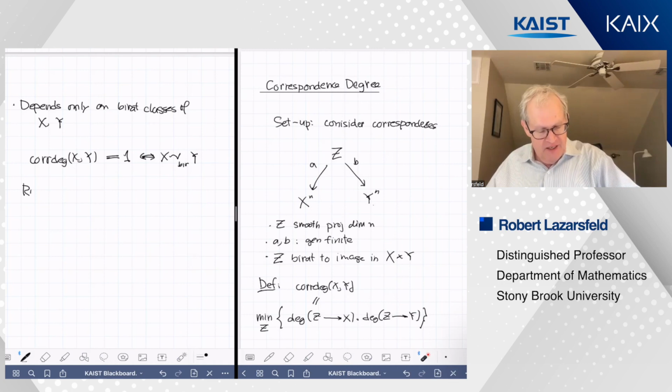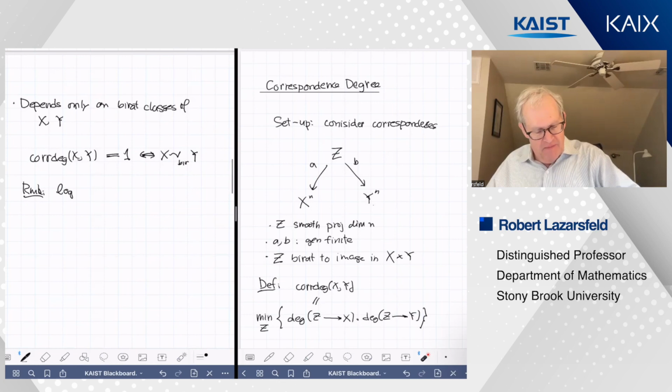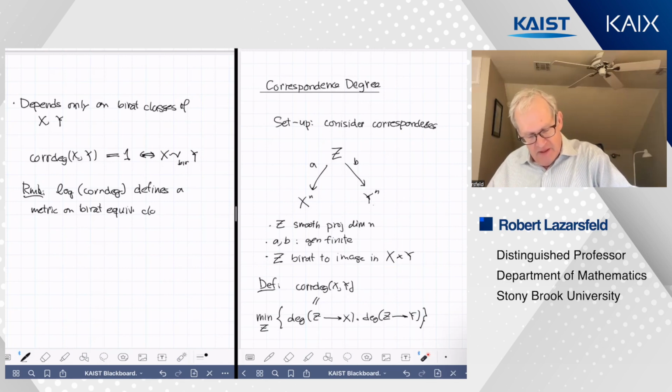And so it's an amusing remark that, in fact, the logarithm of the correspondence degree defines an actual metric on the set of birational equivalence classes of varieties of a fixed dimension.